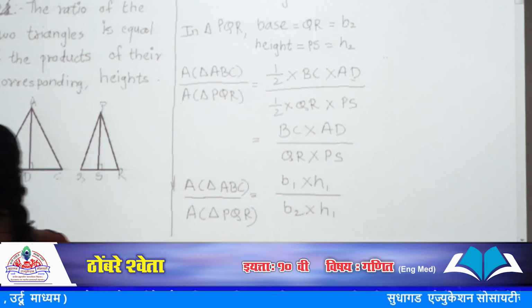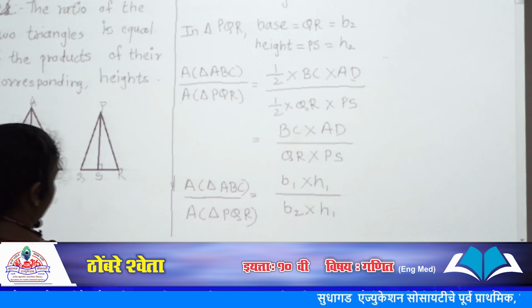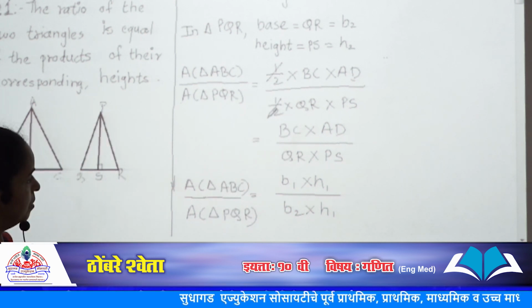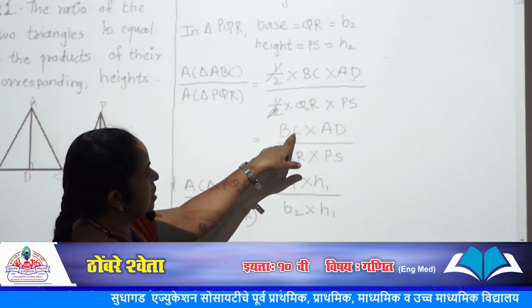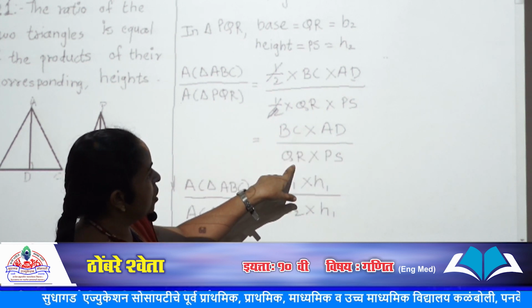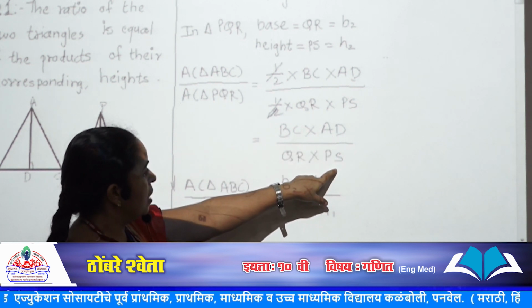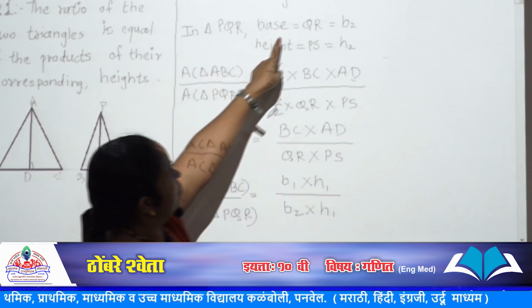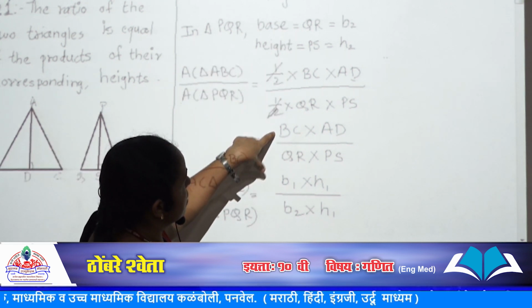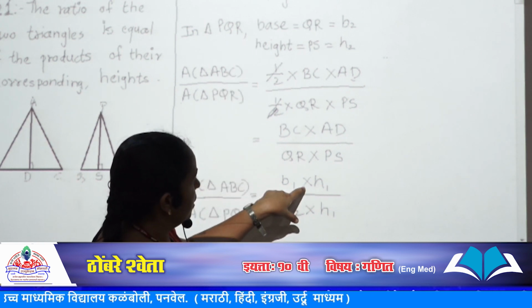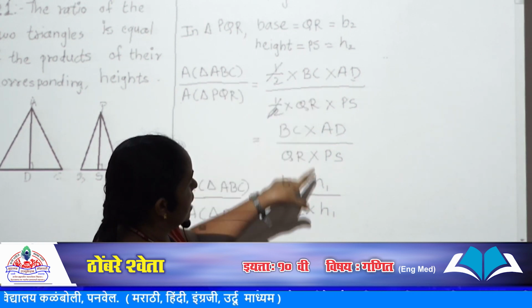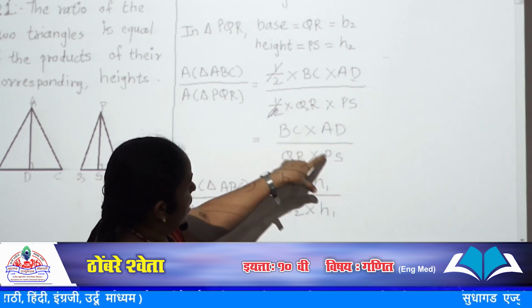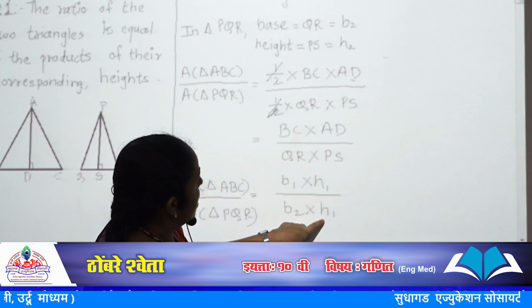Here in this stage this 1/2 gets cancelled. Similar terms get cancelled during the division. So what is remaining here? BC into AD upon QR into PS. Now here we will put the things which are assumed for base and heights. So BC we can represent as B1 into AD we can represent as H1. Here QR we can represent as B2 and PS we can represent as H2.